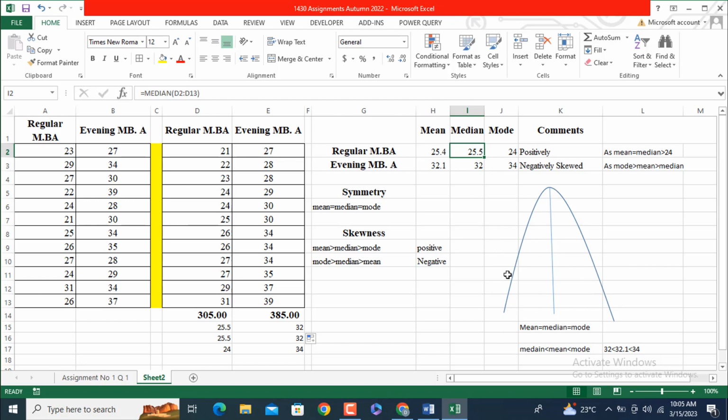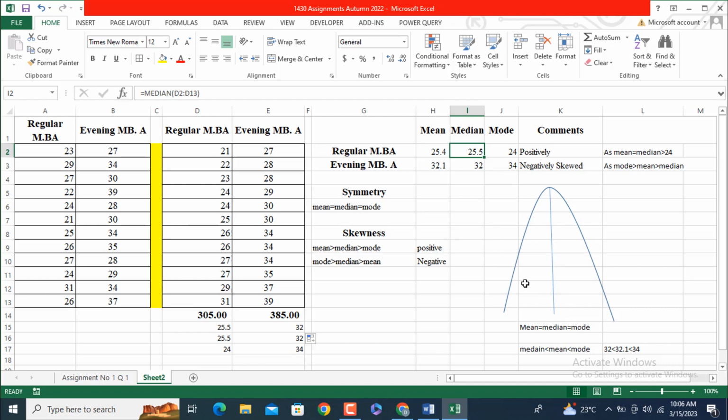This is not exactly the same as the normal distribution curve, but it is assumed to be like a symmetrical normal distribution curve. When the mean, median and mode coincide at one point, meaning all three measures of central tendency are equal, the distribution is symmetric.